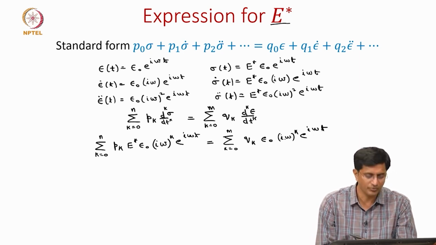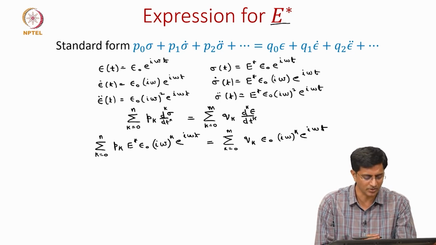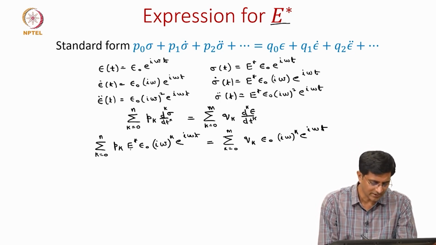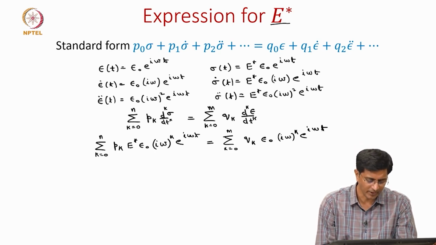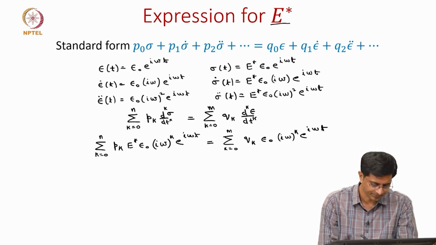So, now let us see which of these terms we can take out of the summation. E star we can take it, epsilon naught and e power I omega t. Only terms which will remain in the summation are the pk and I omega power k terms.